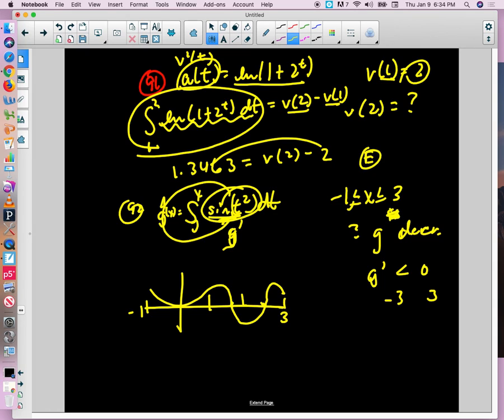So where is g decreasing? This is g prime, and g prime is negative during this time. I did calc 0 to find these numbers. This one was 1.772, and this number was 2.507. Kind of weird that on the same exam they have questions that are so similar.